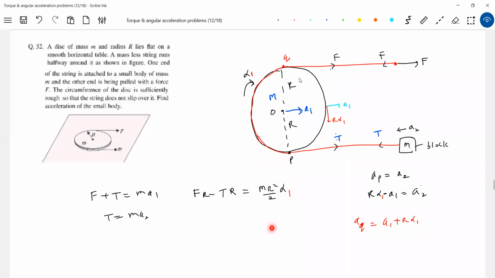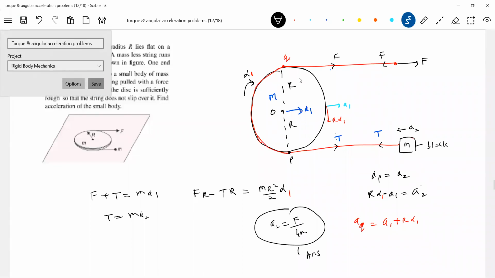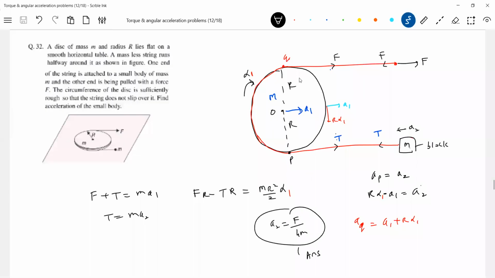He's asking the acceleration of the block. I'll write the answer. You check it later on. So I think only the diagram should show all the things. The rest you can write as mathematics. What students are doing is focusing more on the equations without assuming these things properly. Definitely anybody can write these equations.